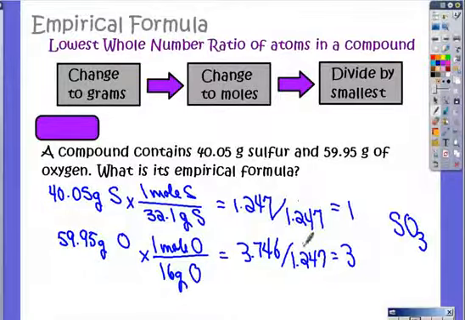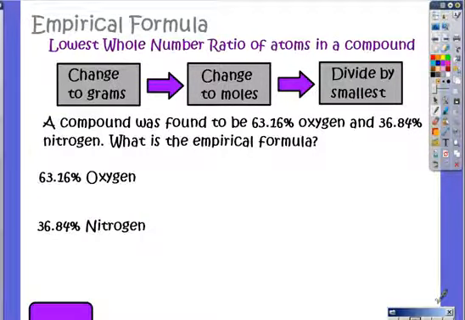I chose the smallest, 1.247, divided both of them by that value, and I ended up with a 1:3 ratio, which became my empirical formula: SO3. Empirical formula.